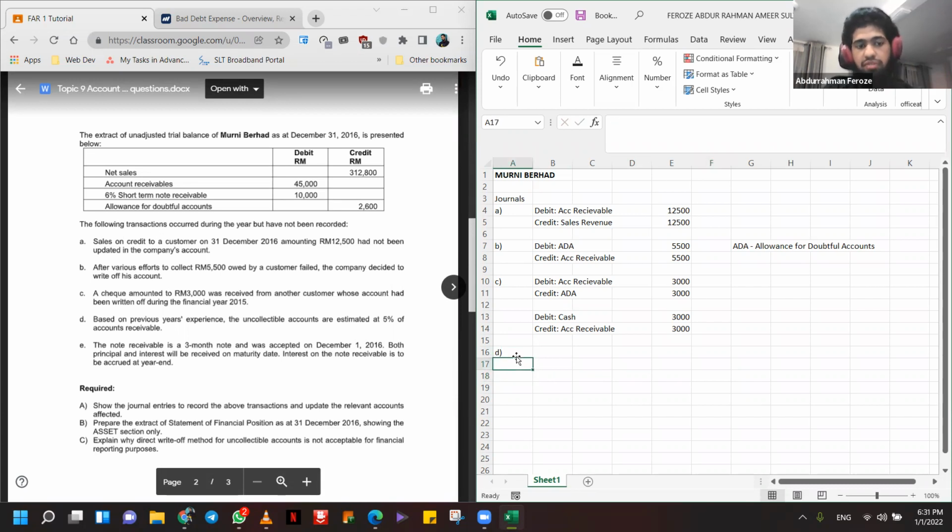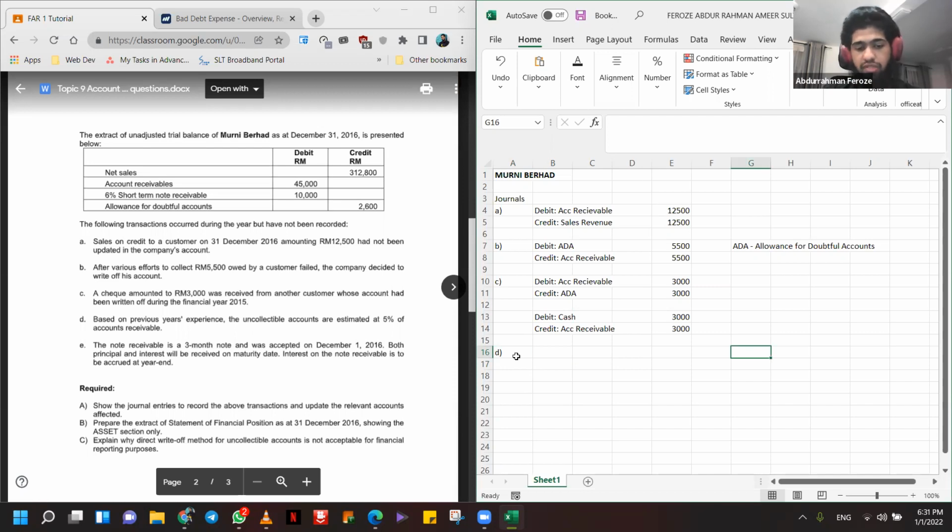For D, based on previous year's experience, the uncollected amounts are estimated at 5% of accounts receivable. So here they're telling us what to add to the ADA. First we must calculate: the allowance for the year is estimated at 5% of accounts receivable. The accounts receivable here is 45,000.